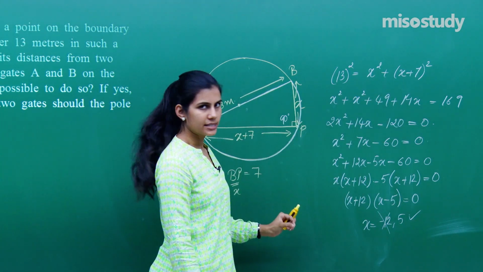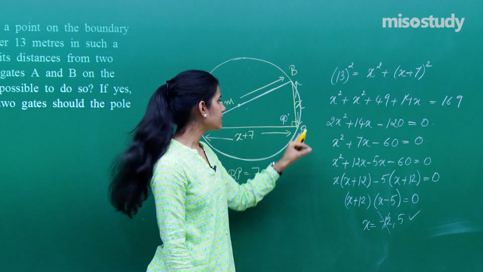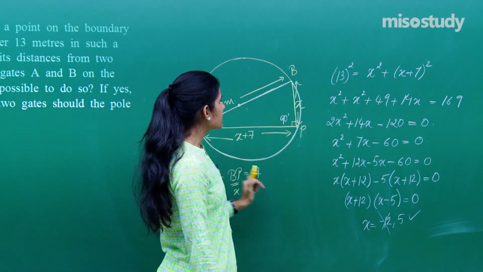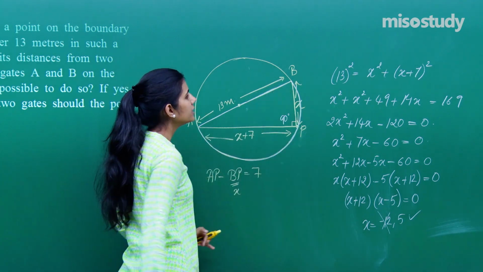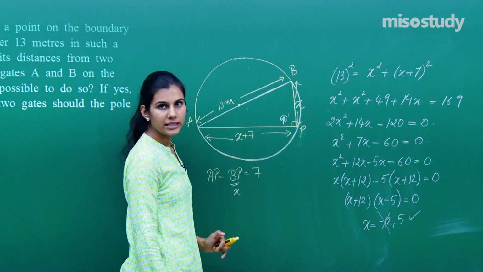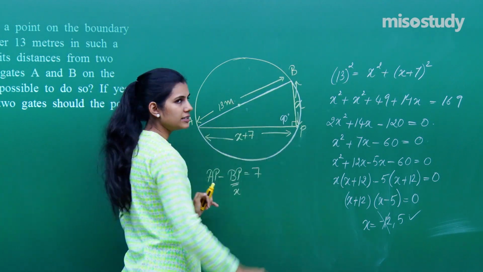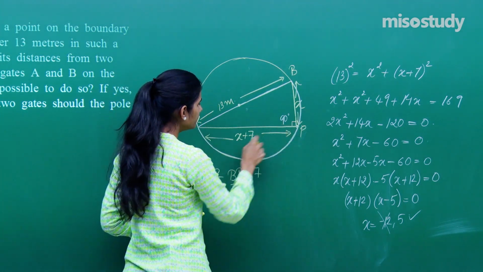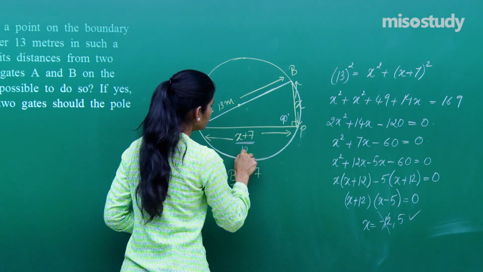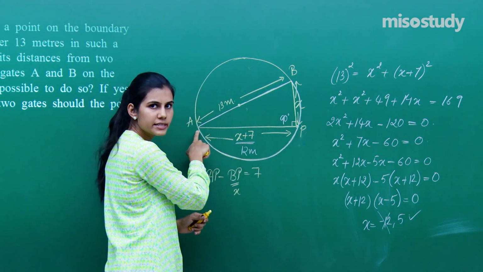That means yes, it is possible to erect a pole on the boundary of a circular park such that PA minus PB is 7 meters when the diameter is 13 meters. And what is the condition? That you should place the pole 12 meters away from the first gate. Why?